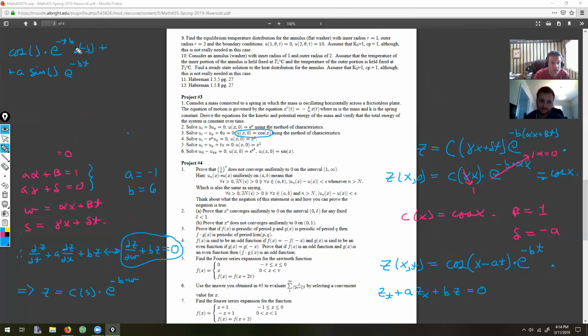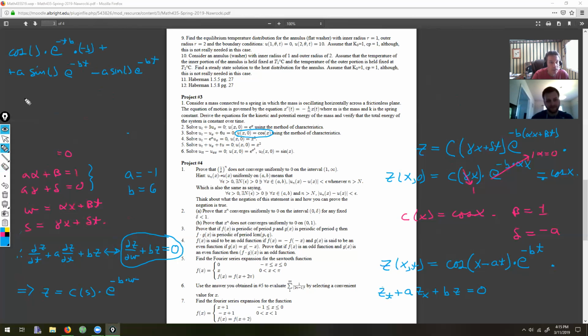Now that's the Zt right here. Now plus, I'm going to have a times Zx, so I have to differentiate this with respect to x. The derivative of cosine is negative sine, so that's going to give me negative a sine of all that stuff, e to the negative bt.